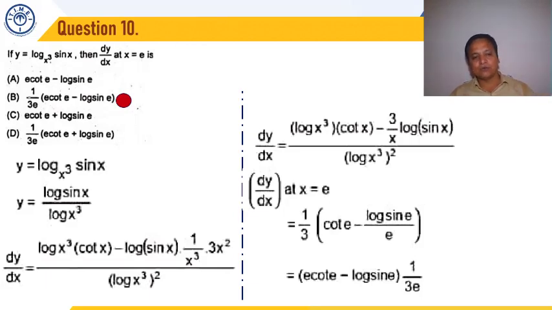Then we apply the quotient rule: denominator multiplied by differentiation of numerator minus numerator multiplied by differentiation of denominator, upon denominator whole square. Then we simply substitute x equal to e in the expression, keeping in mind that log of any number to the same base is 1. That is, log e to the base e is always 1. On simplifying, we get the expression e cot e minus log sin e upon 3e, which is given as option B.